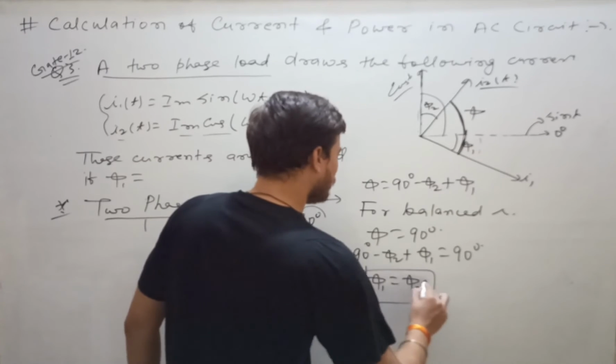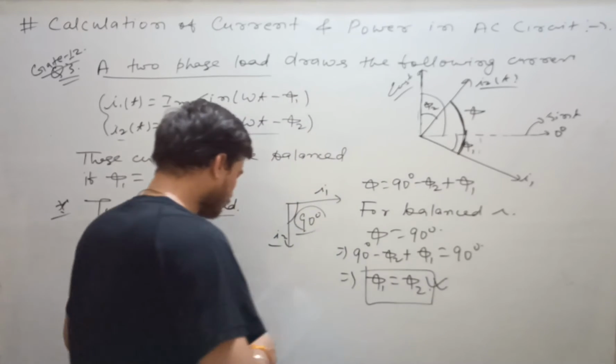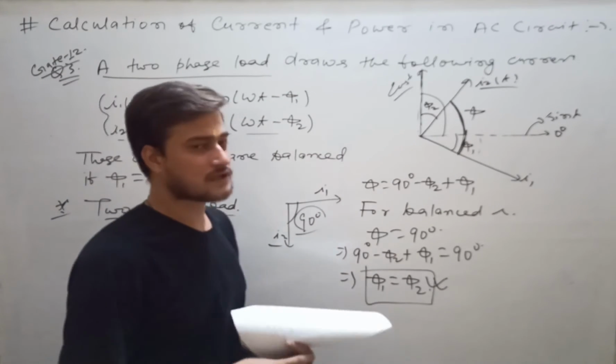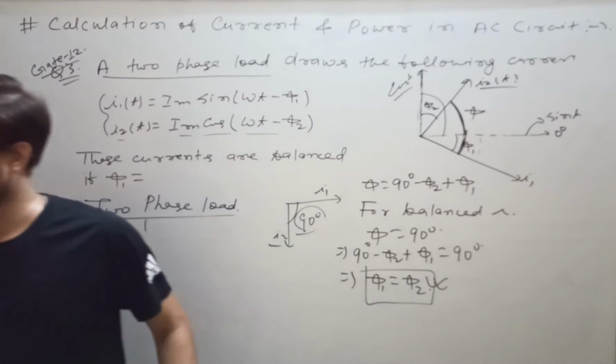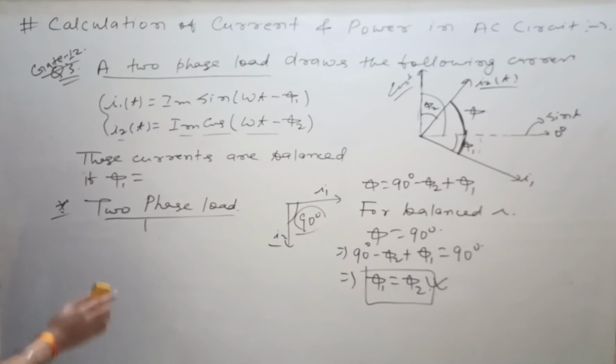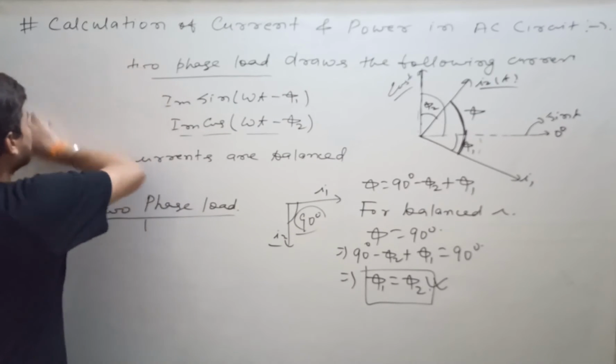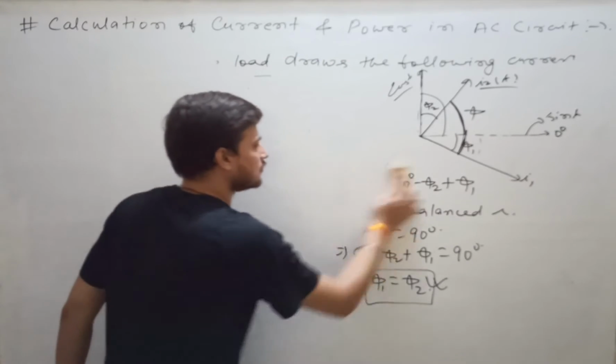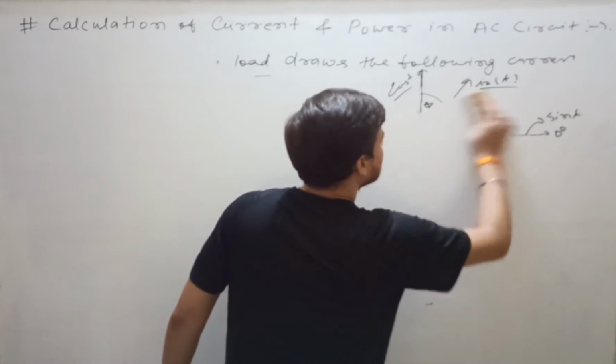So this is the answer of the third question that was asked in GATE 2012. If you are having two-phase load, both the currents will be 90 degree apart.